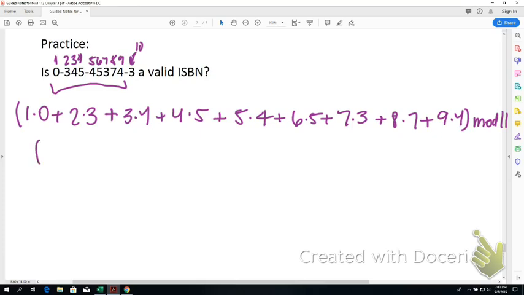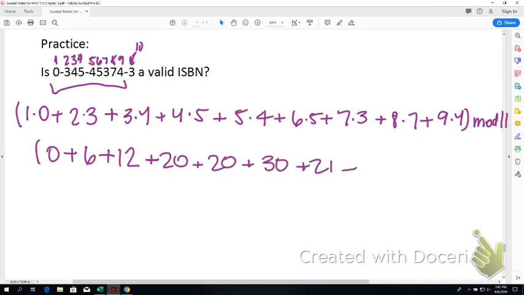So if I do the multiplication, 0 plus 6 plus 12 plus 20 plus 20 plus 30 plus 21 plus 56 plus 36, mod 11. If I add these together, I'll get 201 mod 11.